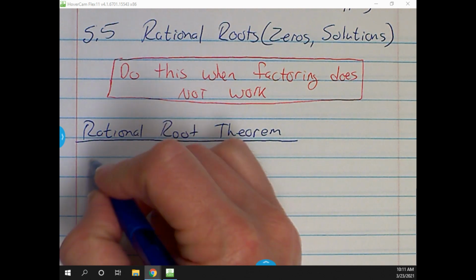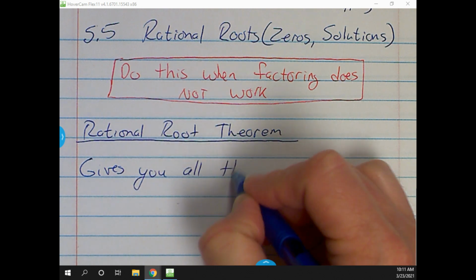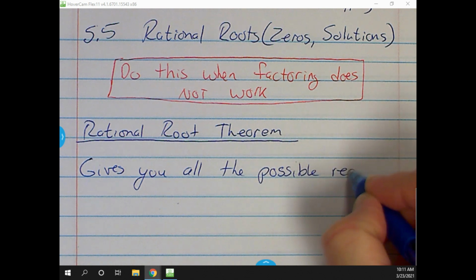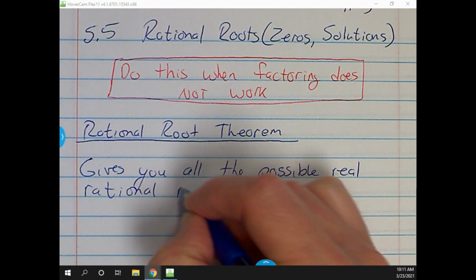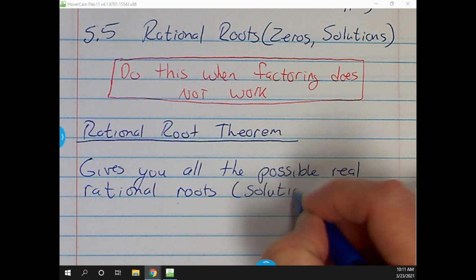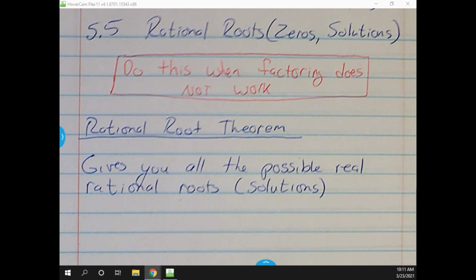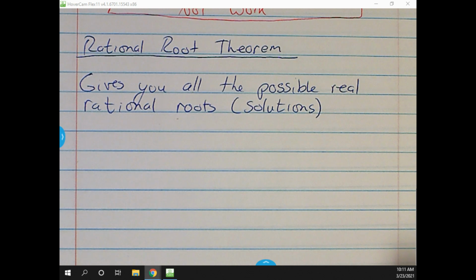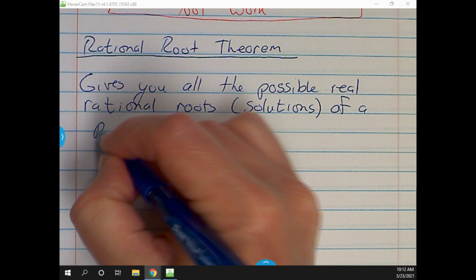The rational root theorem gives you all the possible real rational roots. Again, when they're saying roots, we're talking about solutions. These are the answers to the problem. So we're trying to find out what x equals. So these are all the possible values that x could equal for a polynomial equation.